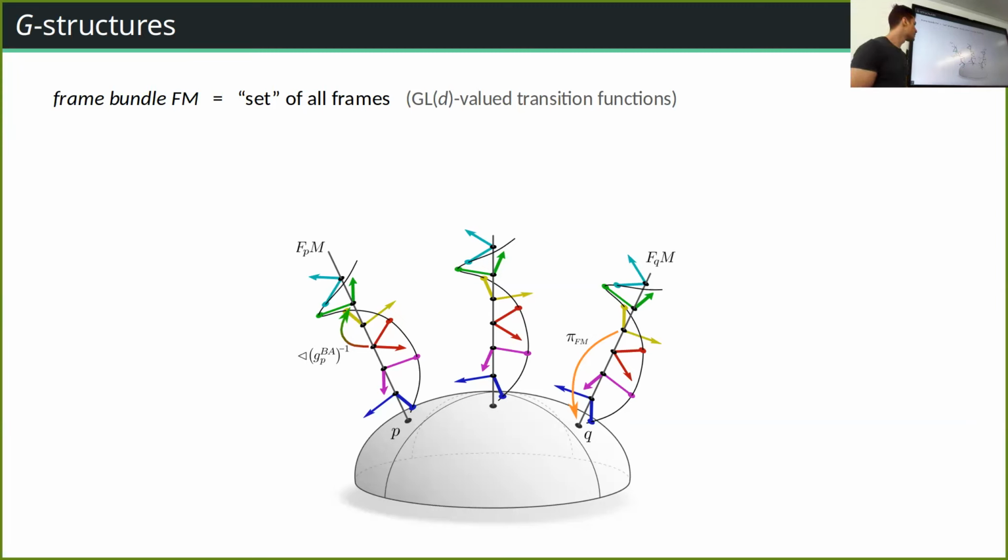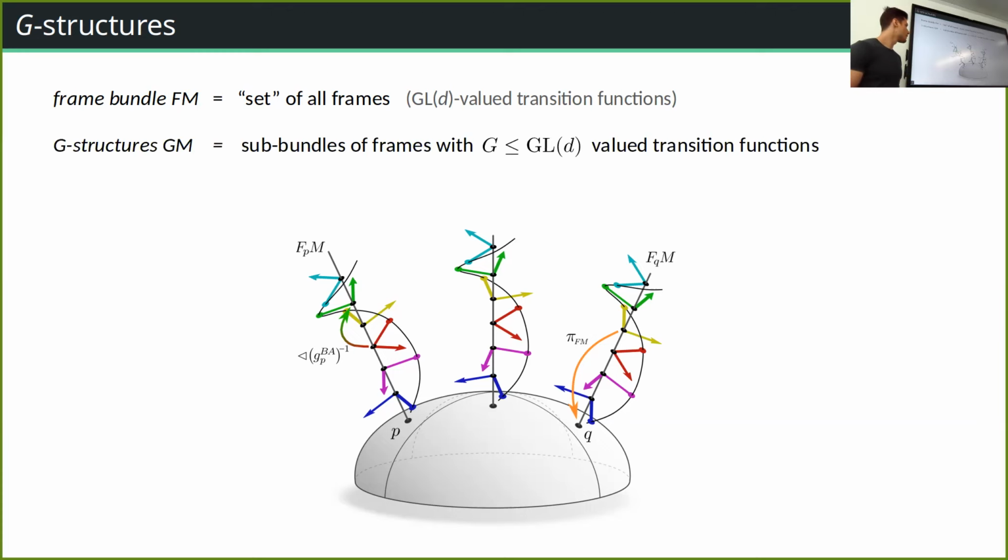And if you allow for arbitrary frames in the frame bundle, then the transition functions are GL(d)-valued. So GL(d) is the general linear group, which consists of arbitrary invertible matrices. Yeah, these are the transformations between arbitrary frames. But often we look at a subset of geometrically preferred frames.